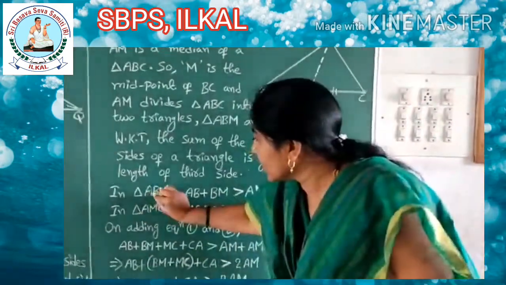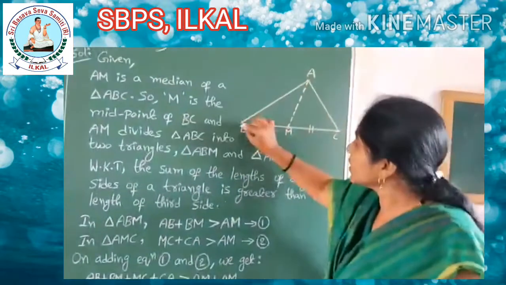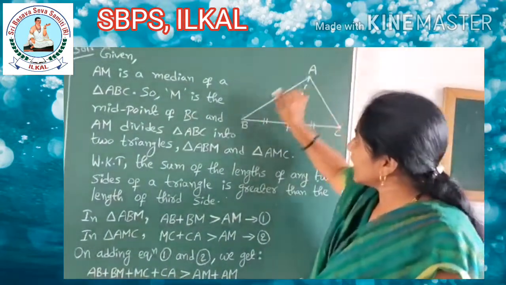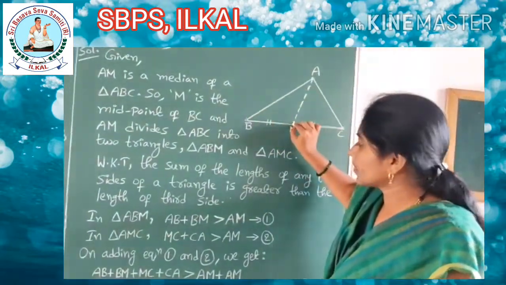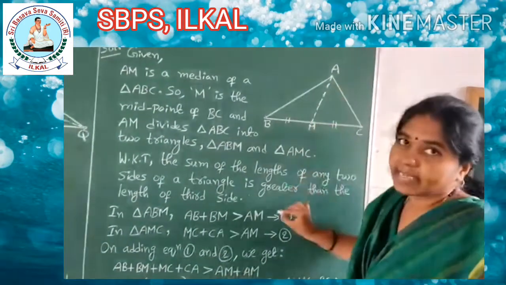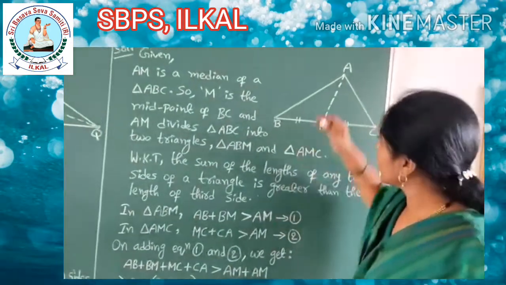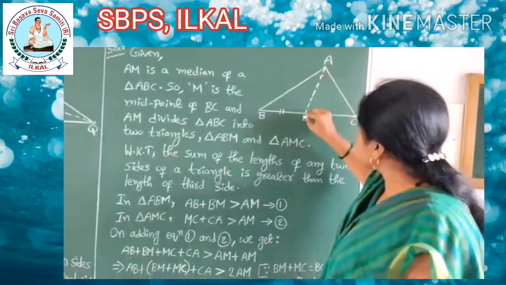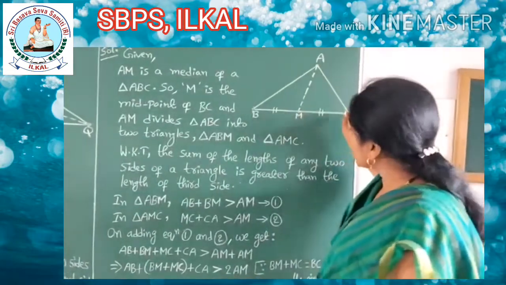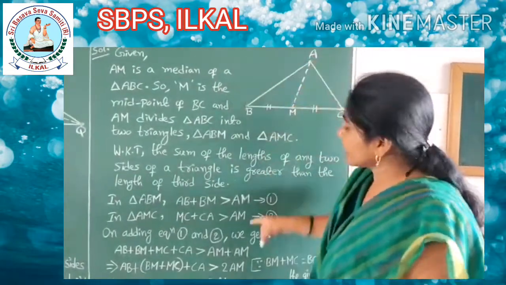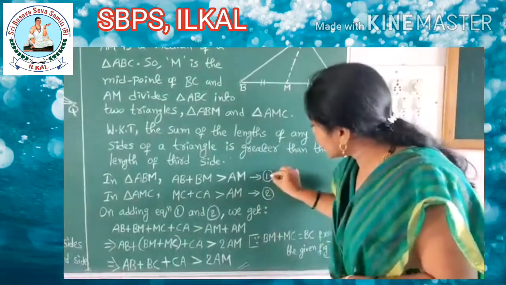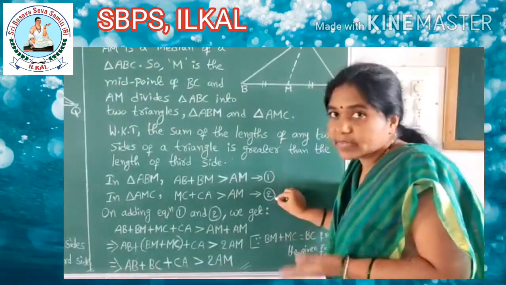In triangle ABM, observe children, AB plus BM is greater than AM. Okay. In the same way, let us consider triangle AMC. Here MC plus CA is greater than AM. Let us consider this as equation 1 and this as equation 2.